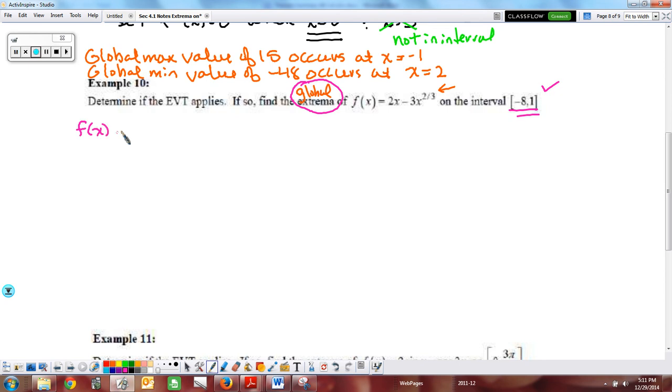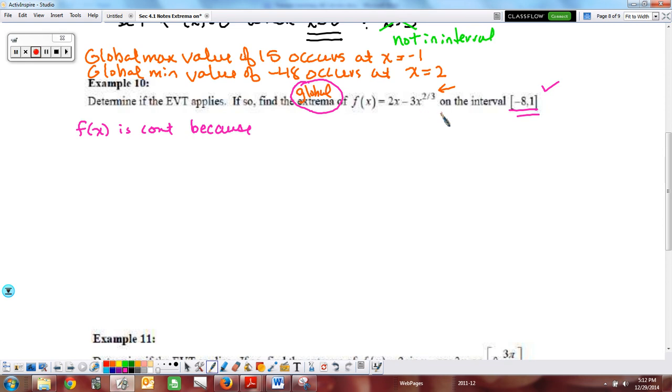So we might say f of x is continuous. Let's see if we can scan our knowledge about continuous functions. We know 2x is linear, and that's continuous. We know that 3x to the 2/3 is a continuous function because it's an odd root.